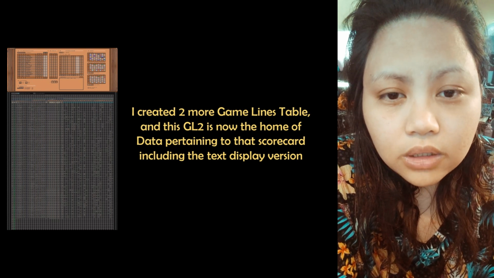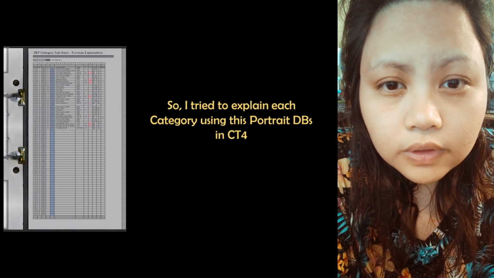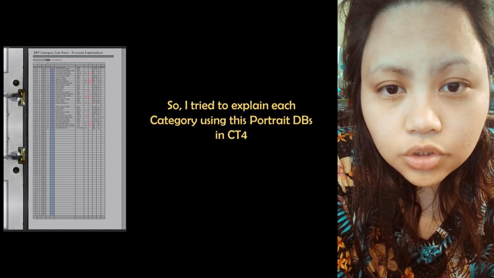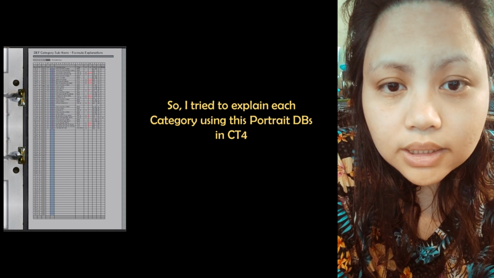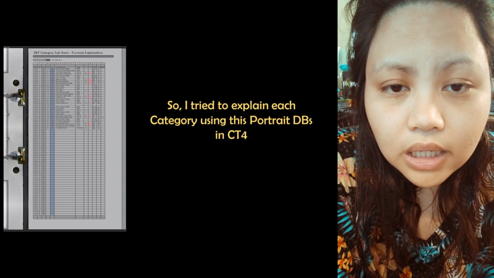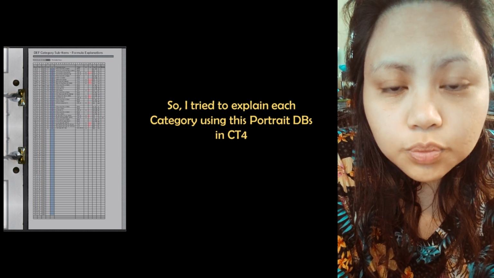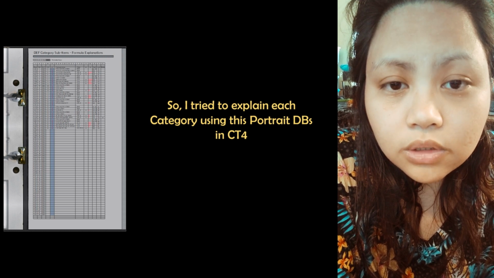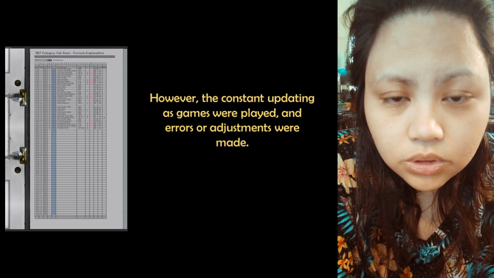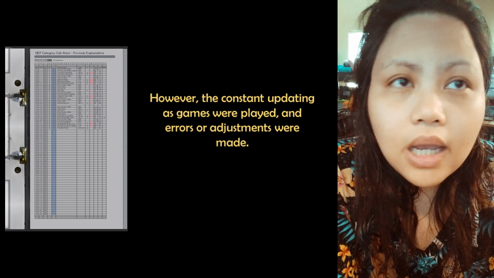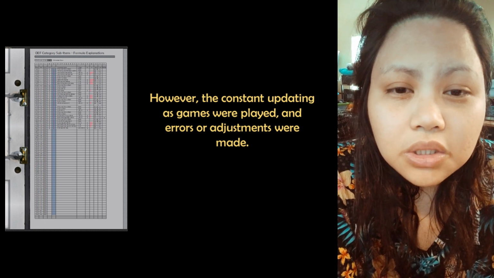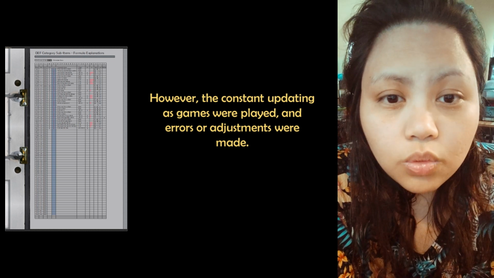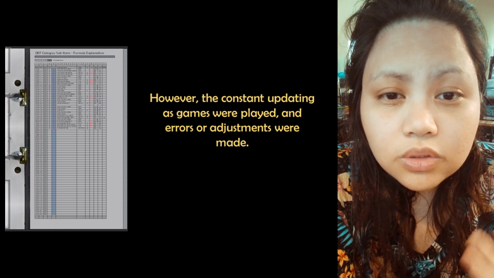And I did make an attempt to describe each category by entering what the formula is. So I have that portrait dashboard, and I enter the logic line by line. But then what I found is that as I play more games, errors or adjustments need to be made.